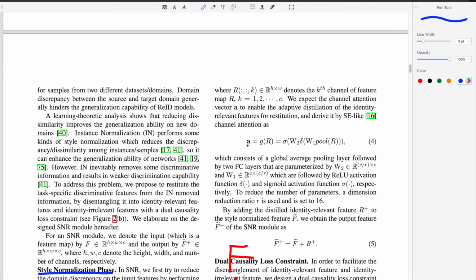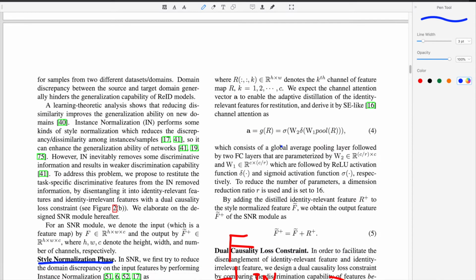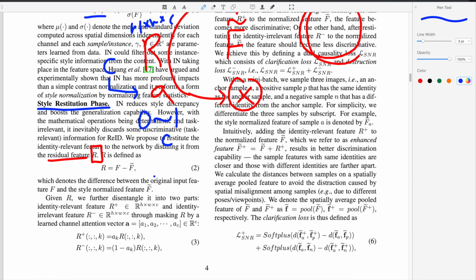So basically, this A is conditioned on the residual feature R, so that the network can learn what features among R are important. And then by multiplying this A to the feature R, we get R plus, which are the identity relevant residual features.